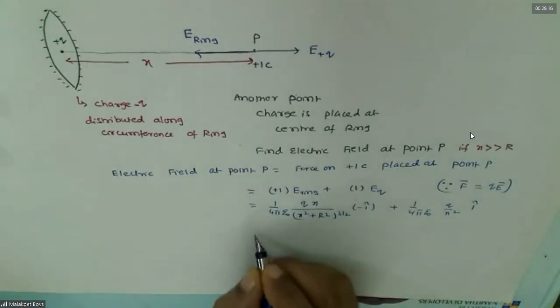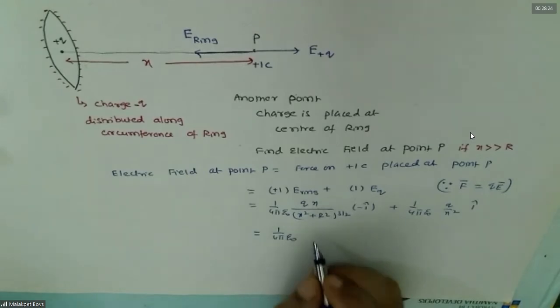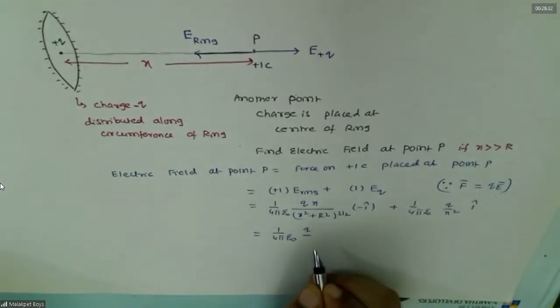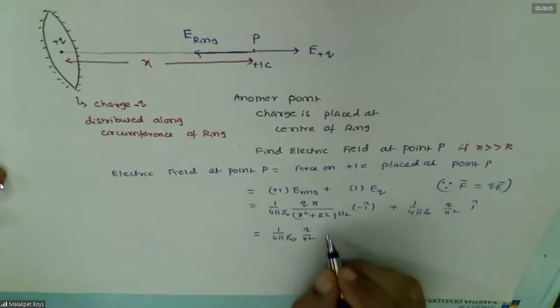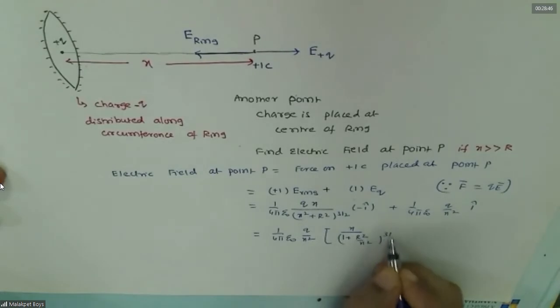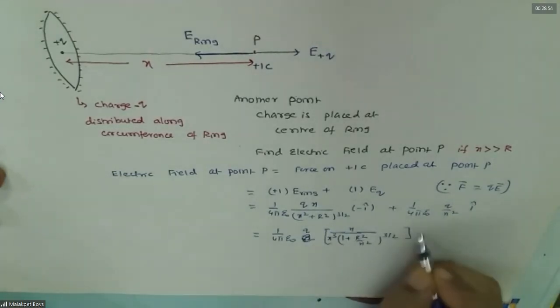So this will be Q by x squared. Q by x squared. I can write like this now.